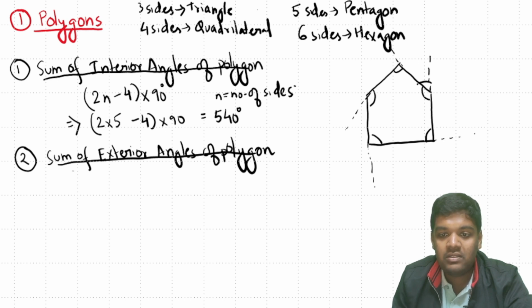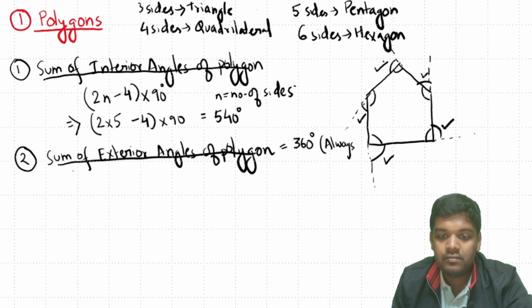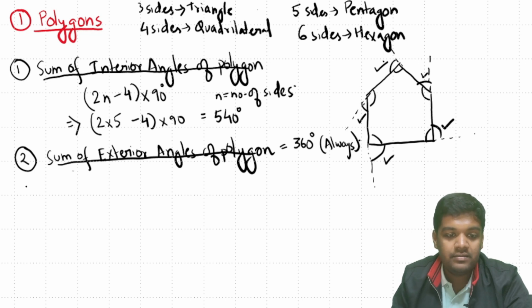And I am talking about this angle plus this angle plus this angle plus this angle plus this angle. If you will see all the exterior angles, this plus this plus this plus this plus this will be always 360 degrees, right?